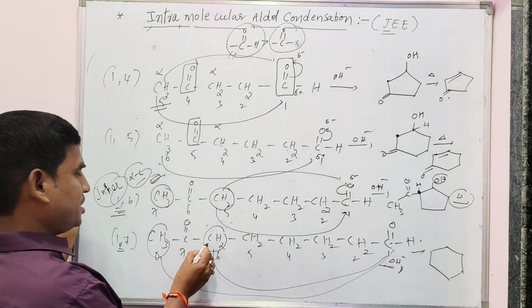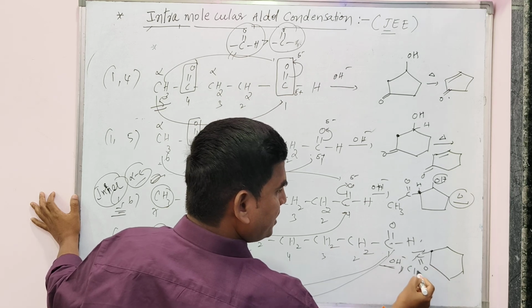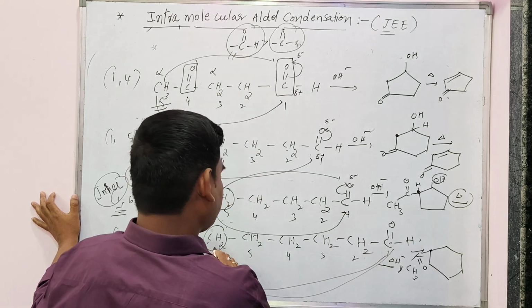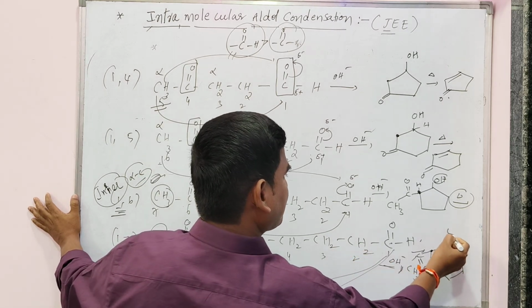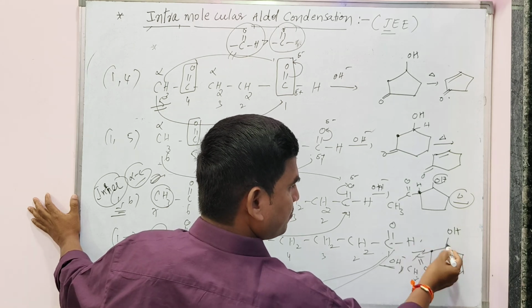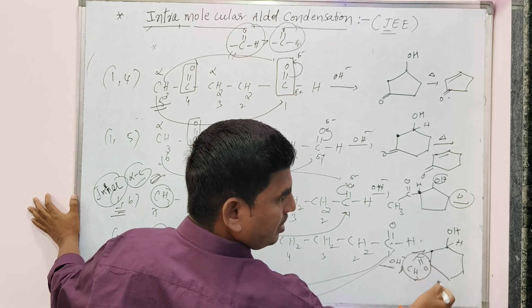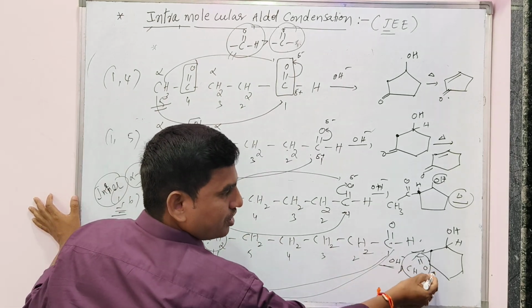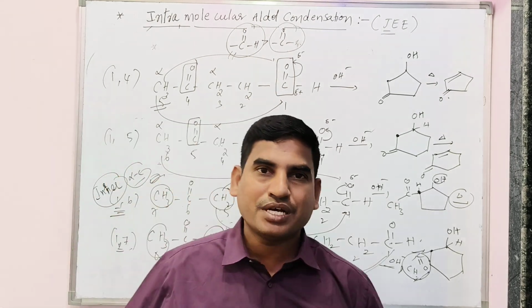Here the alpha carbon, C double bond O and the methyl group, and this methyl carbanion joins here, forming OH, and hydrogen is available. So this is the aldol product. Elimination of a water molecule gives the intramolecular aldol condensation product.